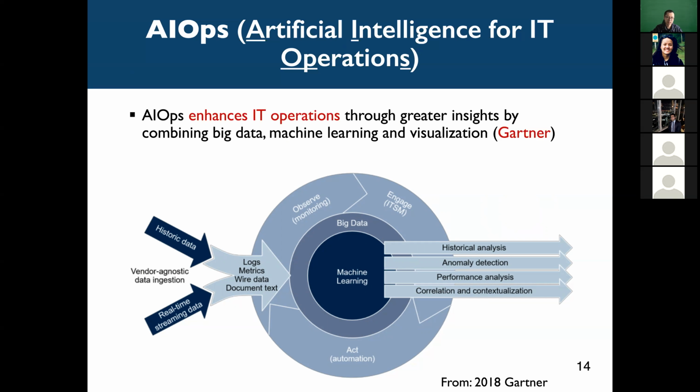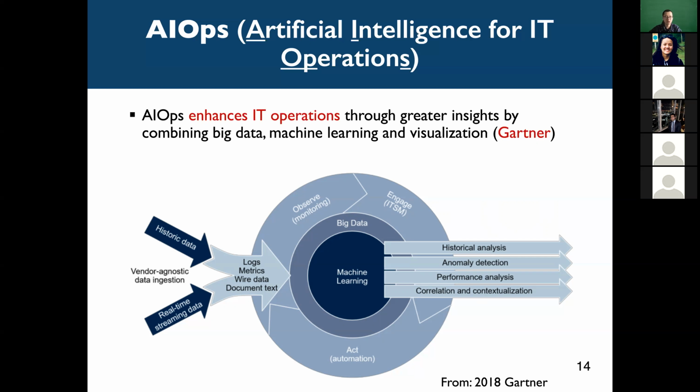For input, we see monitoring data, including logs, metrics, and wire data. Wire data is the data that travels on the network, like how many HTTP requests go from this machine to another machine. And also document text. So this data is input to AIOps.